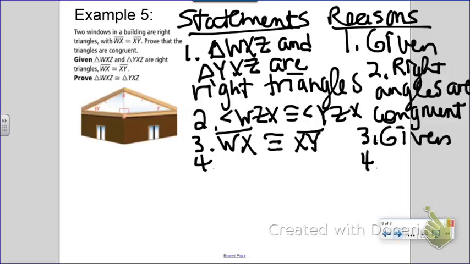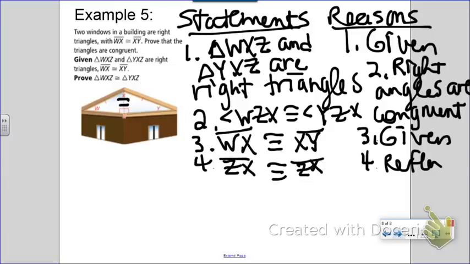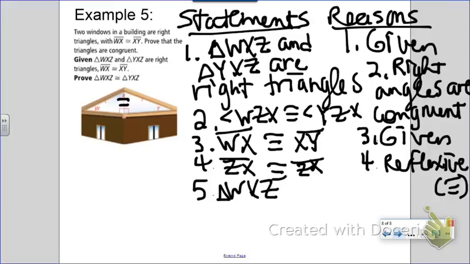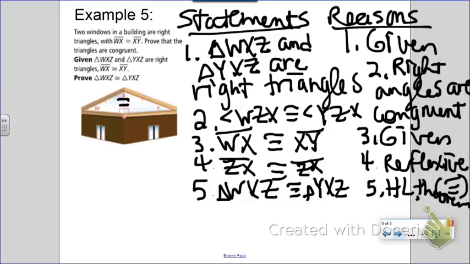That's already marked on the picture. We have a common side, ZX is congruent to ZX, and that is the reflexive property of congruence. And then we have our triangles are congruent by the hypotenuse-leg theorem. And that's all we have for today.